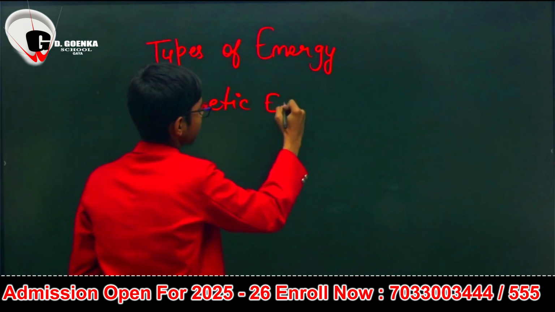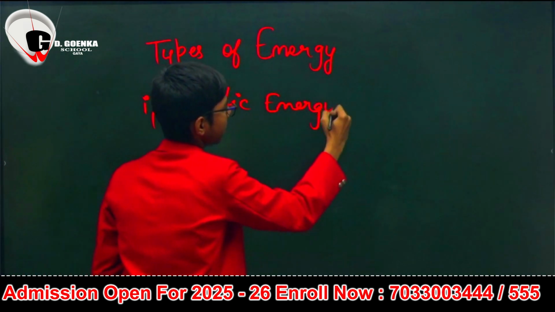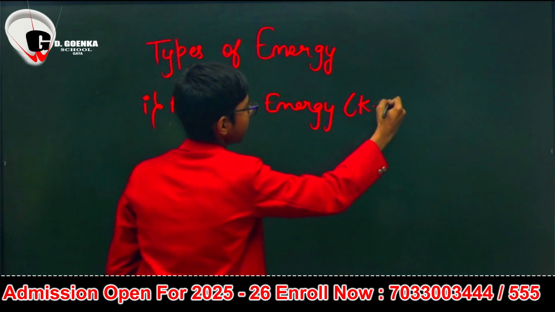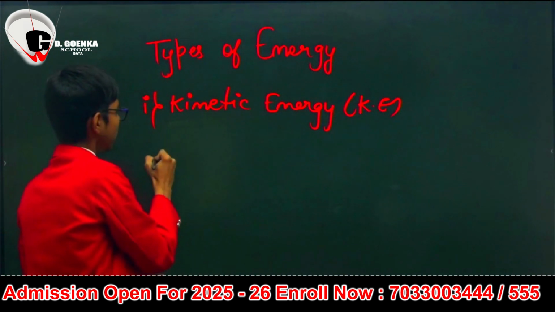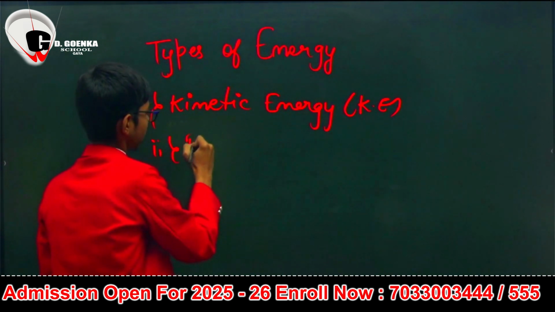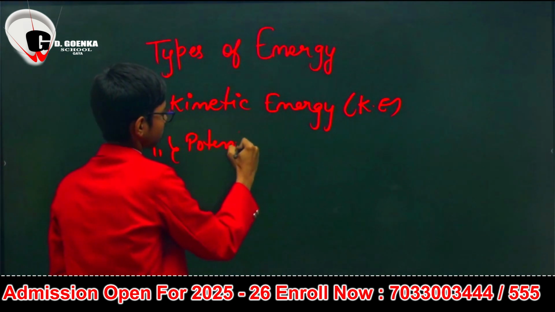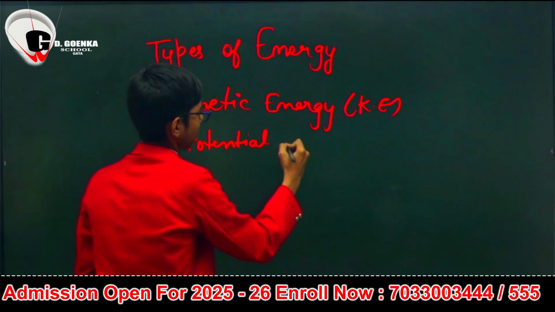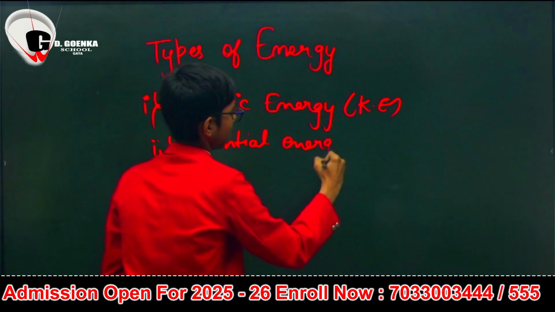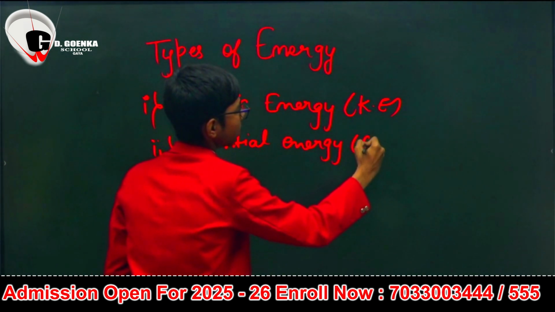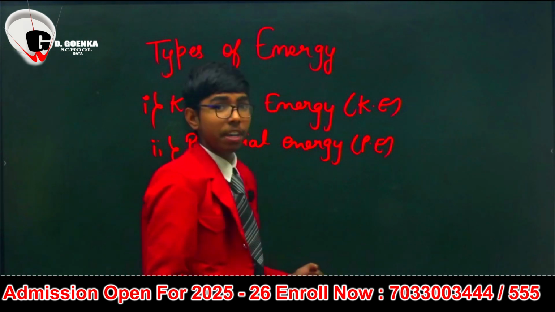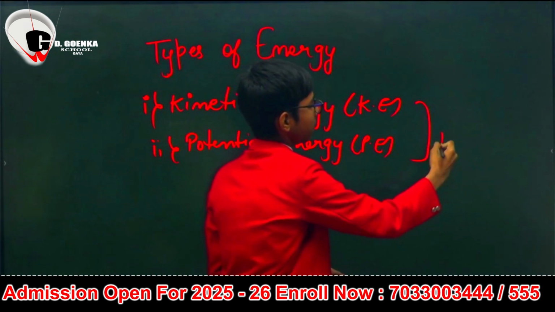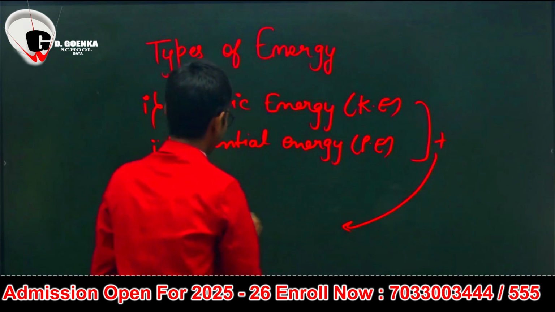Kinetic energy, which is normally written as KE, and the second one is potential energy, which is denoted by PE. And if we sum these two energies, then we will get mechanical energy.